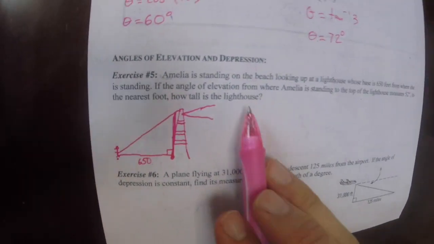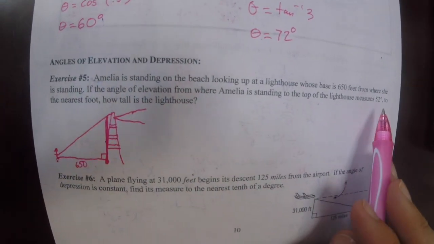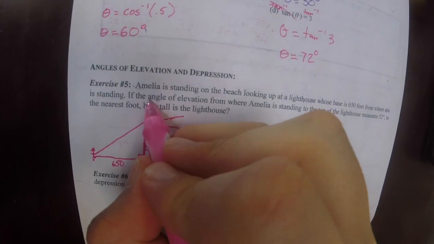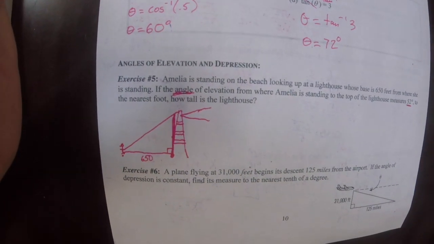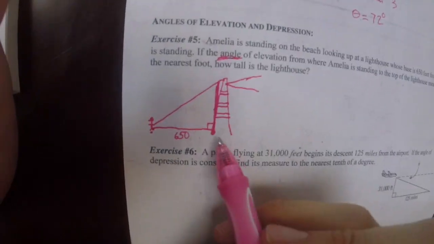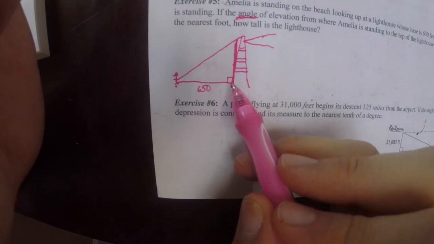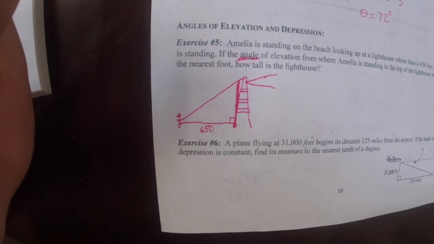If the angle of elevation where Amelia is standing to the top of the lighthouse measures 52 degrees, so it's definitely an angle that I'm going to put 52 degrees at. Which angle do you think is going to be 52 degrees? It's definitely not going to be this one because this is our right angle here. Think about what elevation means.